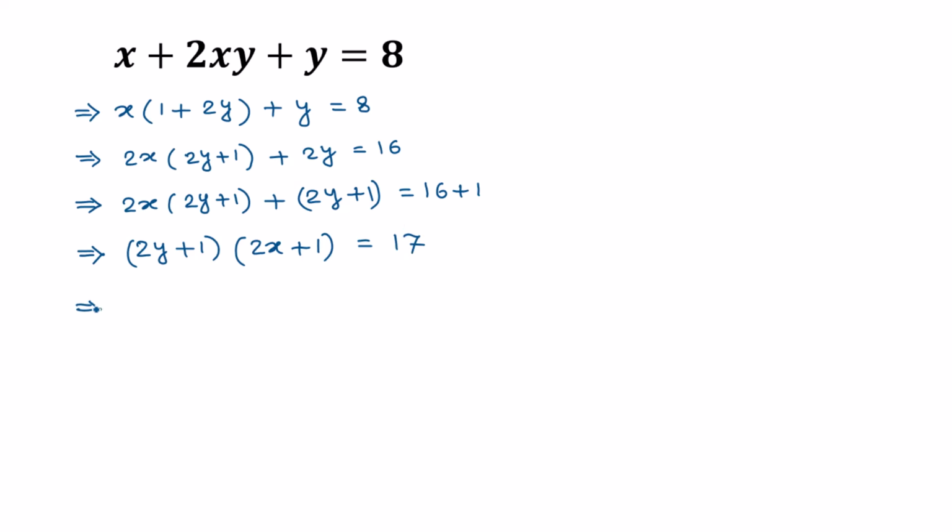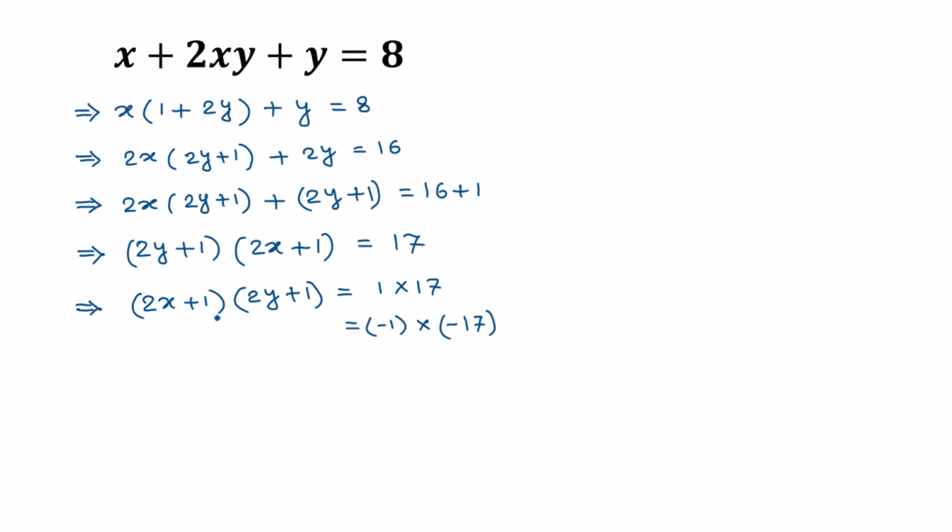Writing this, we will get (2x + 1) times (2y + 1) is equal to 17. This can be written as 1 times 17, or negative 1 times negative 17.